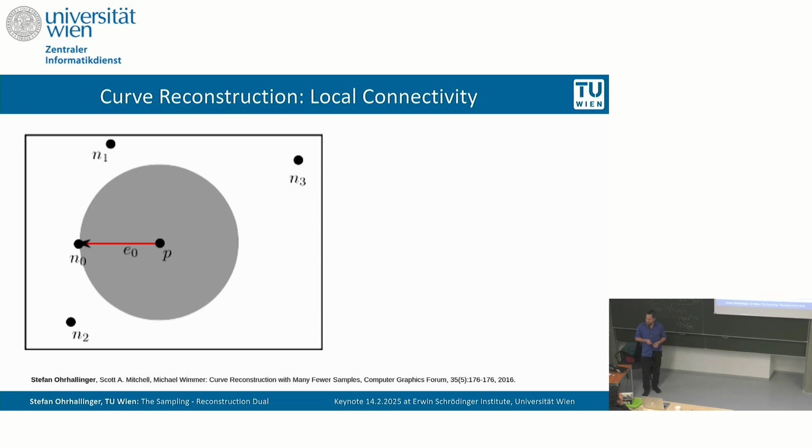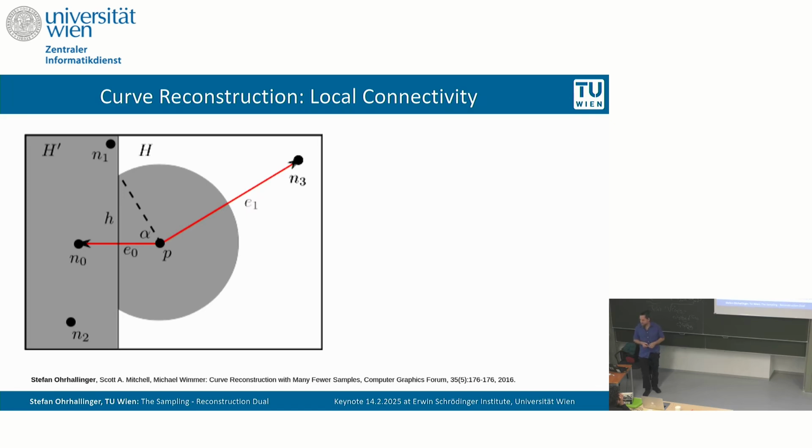And then we use the midpoint of this edge, create a half space, and then we connect to the closest neighbor which is on the other side. This avoids very sharp angles. It guarantees that we never have angles smaller than 60 degrees.